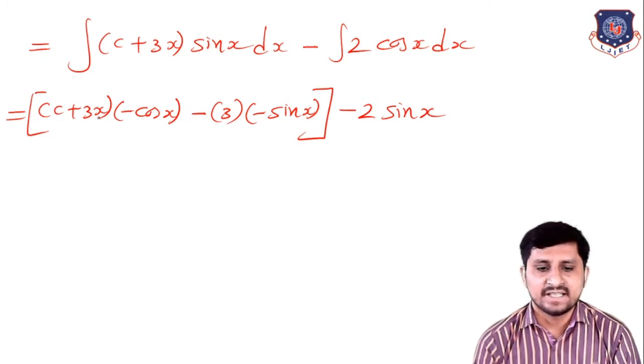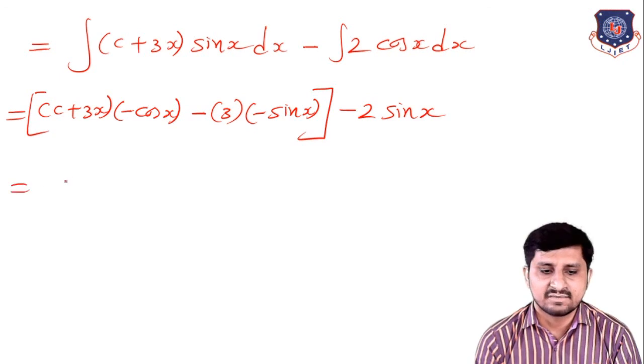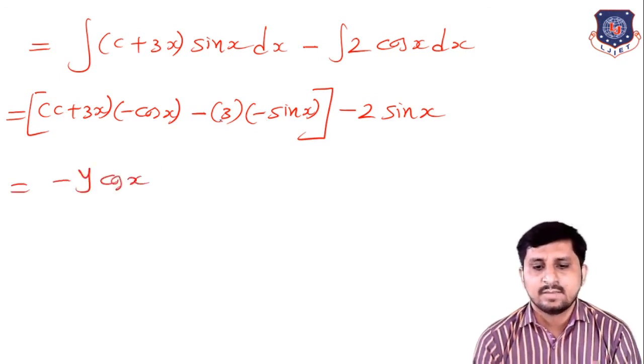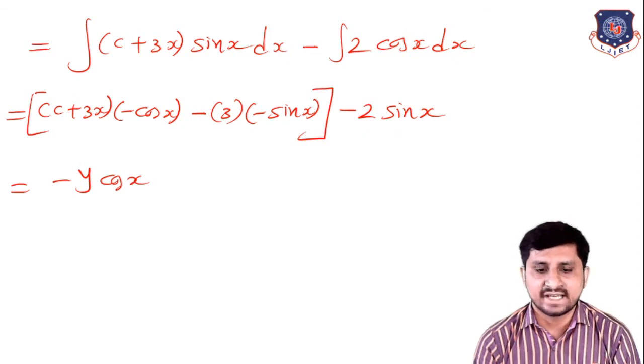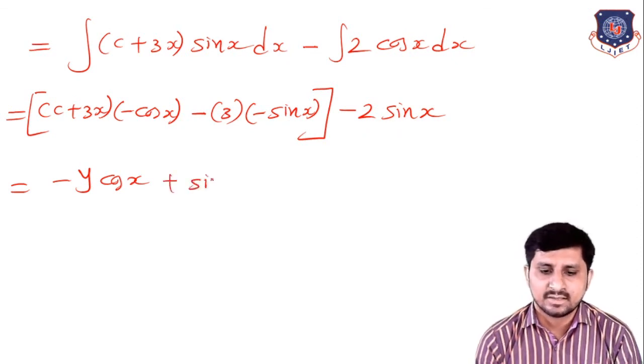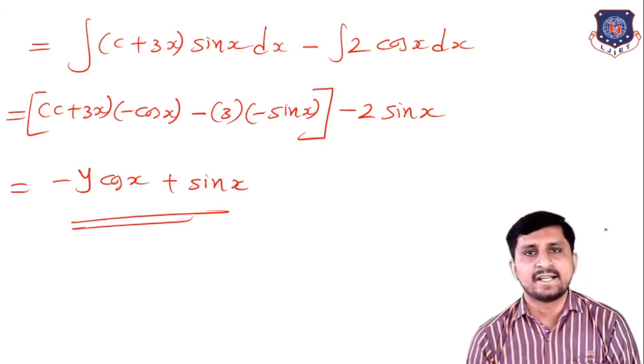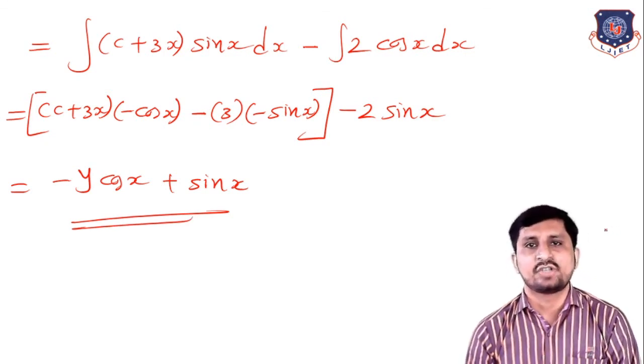Okay, now replace c plus 3x by y. So this is minus y cos x, plus 3 sin x minus 2 sin x. So plus sin x. This is the particular integral for this example, and don't forget to write the general solution.